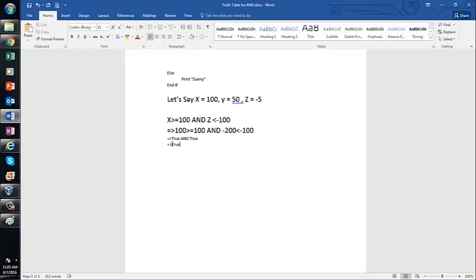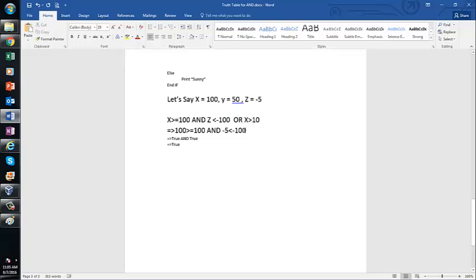Okay. Now let's take a look at something else. Let's say again this one is minus 5, but here we have another condition: or x greater than 10.